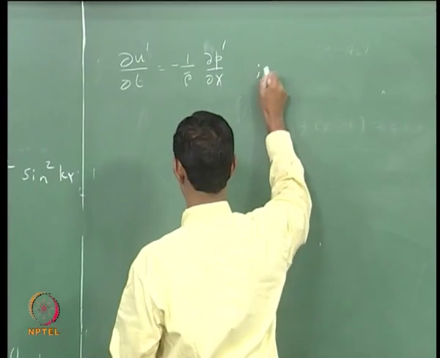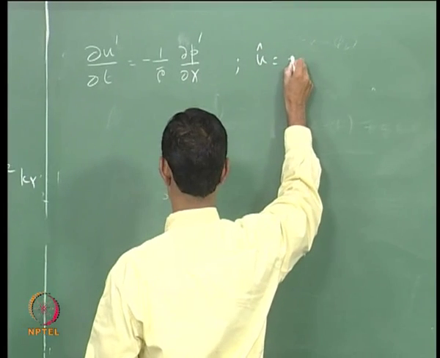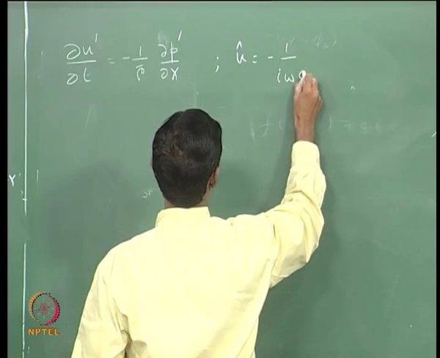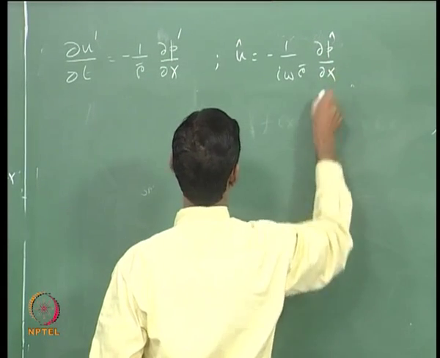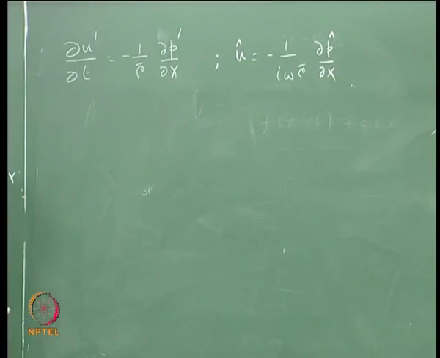So in the harmonic domain you have u hat equal to minus 1 over i omega rho bar times dou p hat by dou x. Again, it is quite important to remember whether you are using e power i omega t or e power minus i omega t.